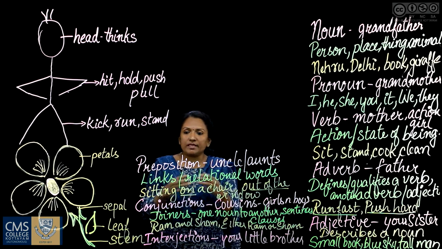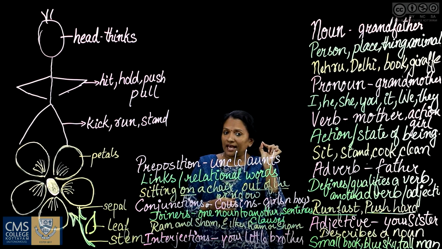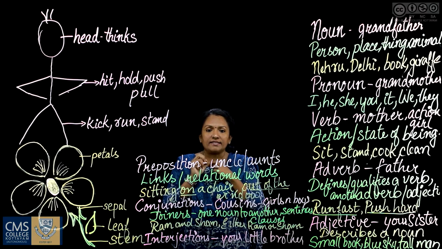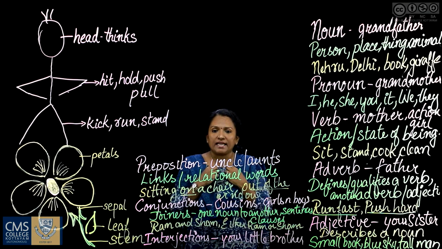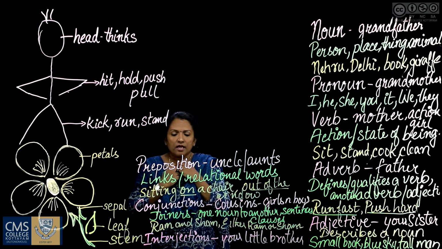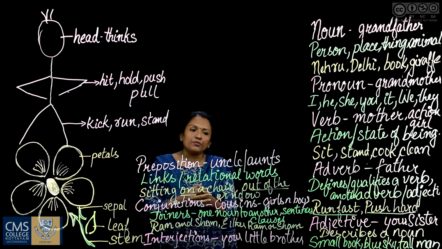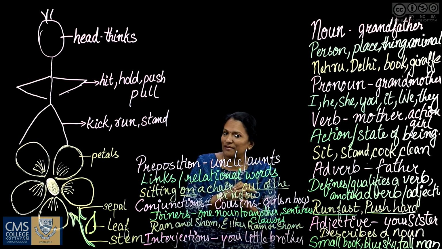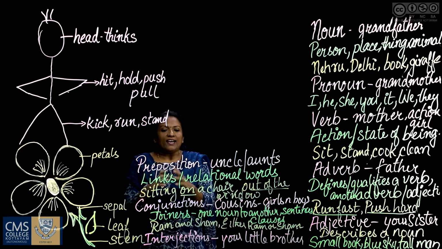The relation between the book and the table would be: the book is on the table, the book is under the table. The pen is in my hand. The necklace is around my neck. So, a preposition would be a relational word. The uncles and aunts of the family.